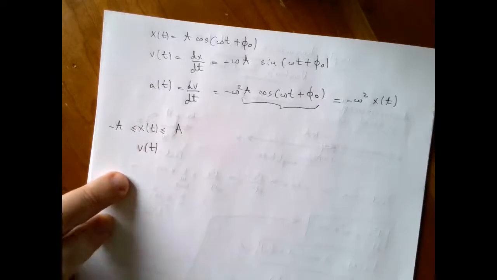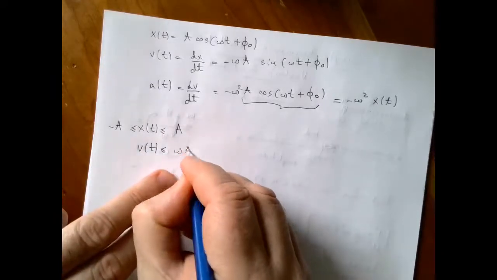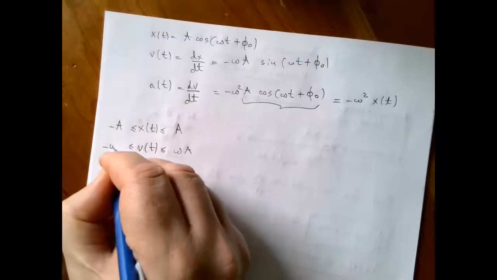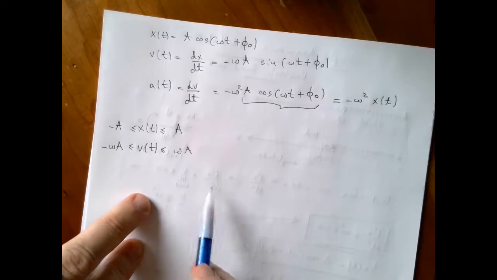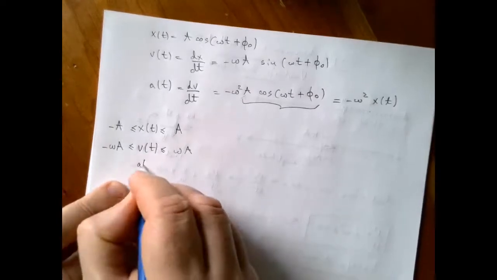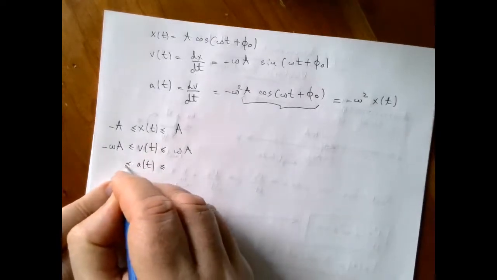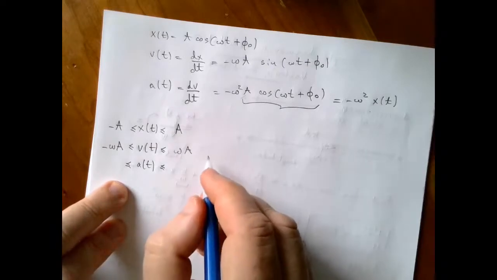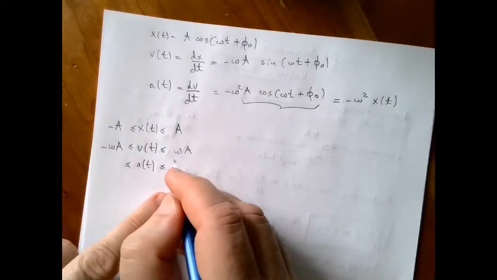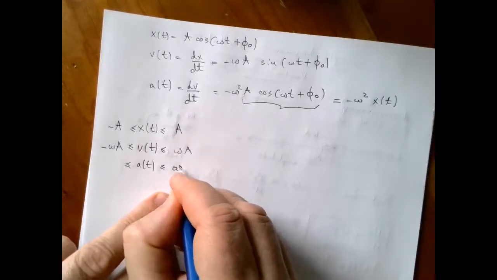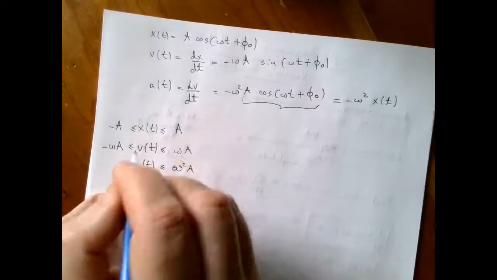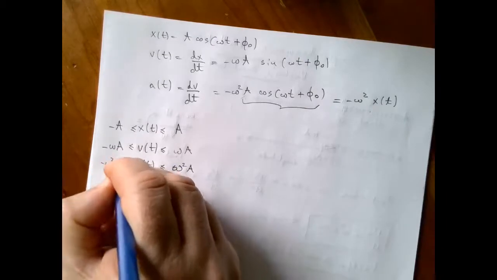The velocity can take values between omega A and negative omega A. Same rules apply to sine. And the acceleration cannot exceed omega squared A and negative omega squared A.